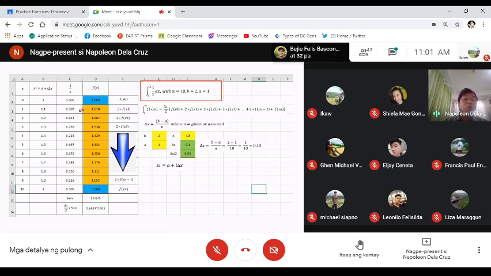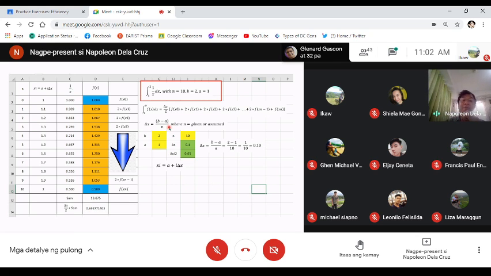So ito times 2 here, i-drag natin hanggang dito. Kaya isang kulay ito. Ito, ibang kulay dito kasi ito ay 1 lang. Ito, i-multiply lahat ng 2 para ito ang value. Hanggang dun. Okay? Clear. Sana clear tayo doon, ha?